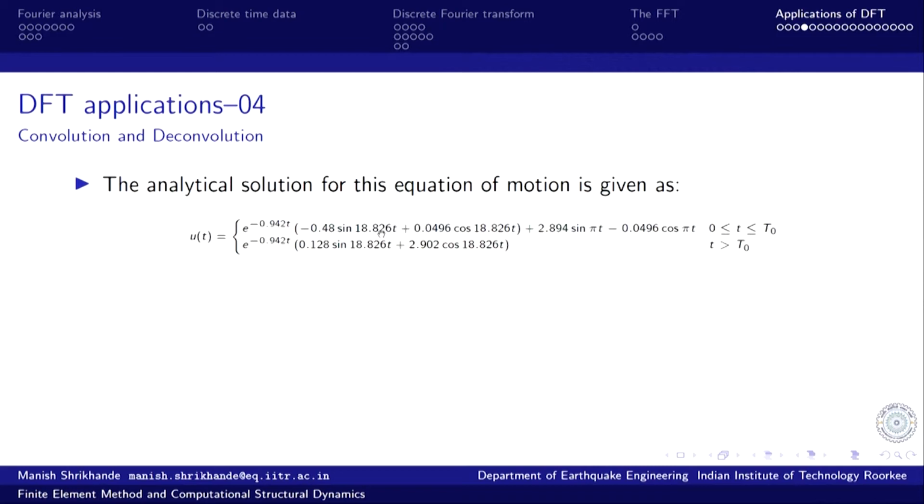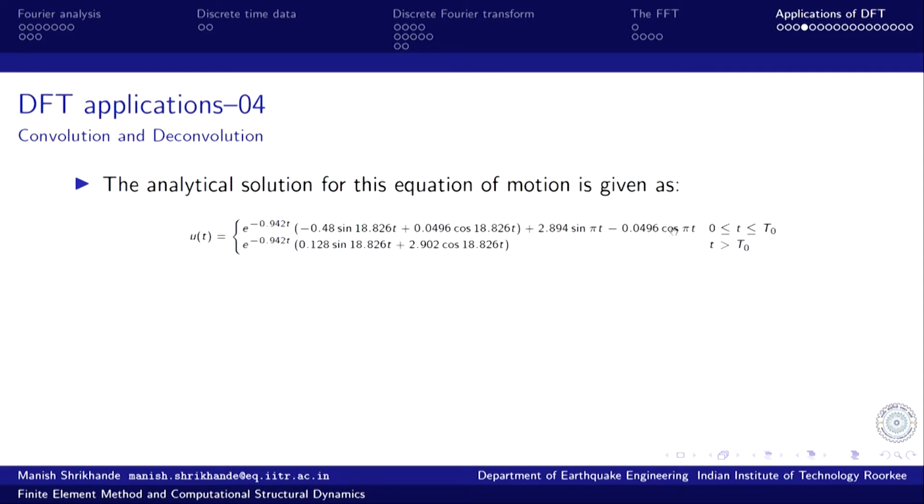The analytical solution for this can be computed using two eras. The forced vibration era is going to be the sum of the transient part, which is because of the initial conditions, and the forced vibration response, which, as you can see, is defined by sin pi t and cos pi t terms.